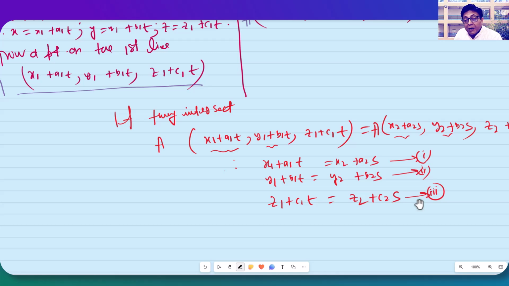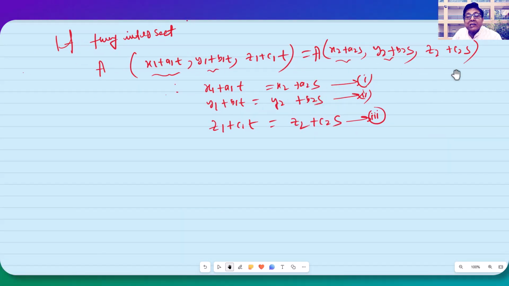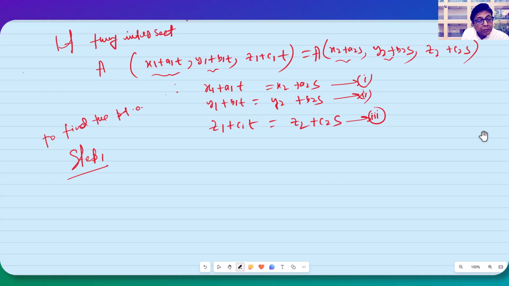Now, your steps will be these. Step 1, we have taken the point as A. Step 2, we have compared. And step 3 is going to be what? You compare any two of these equations for t and s, and then check whether the third one is satisfied or not. So your first step is what? To find the point of intersection between two lines.